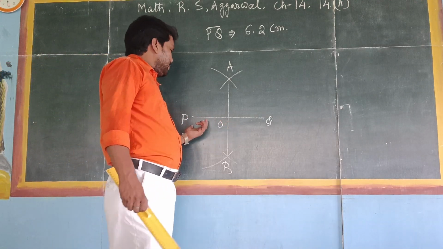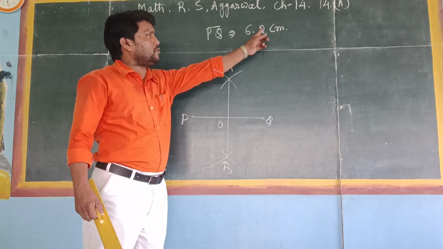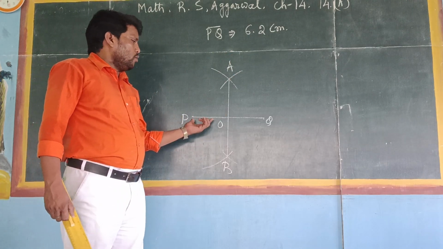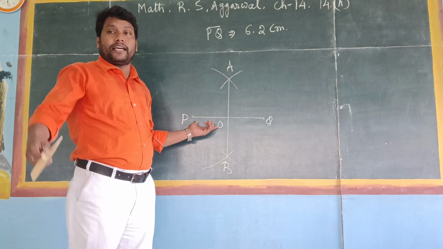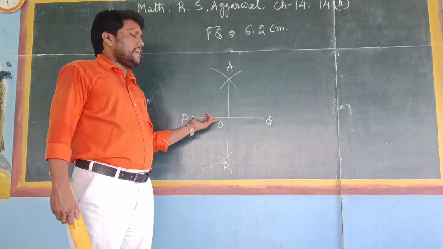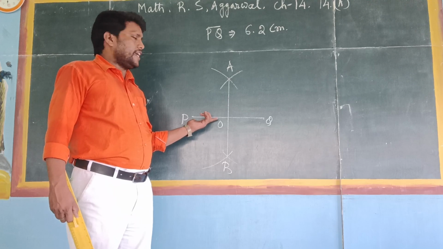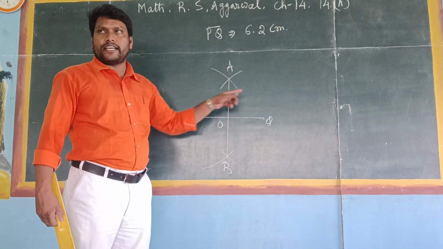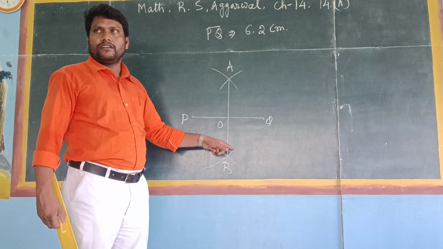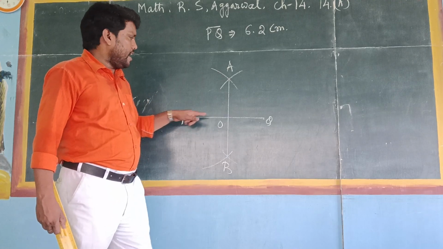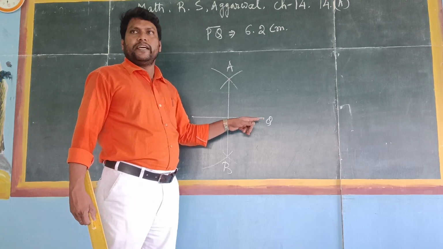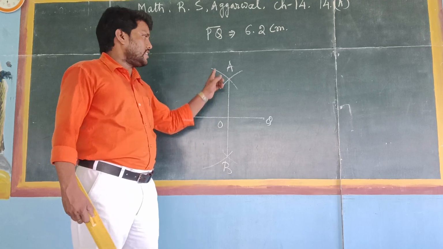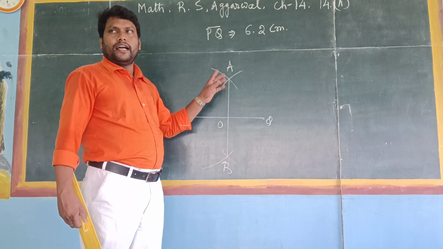At first I have drawn PQ of 6.2 cm, and with the help of the pencil compass, from the left end point, I have taken more than half of the radius, then cut on either side of the line segment, and without changing the measure, from the point Q, I have also intersected.